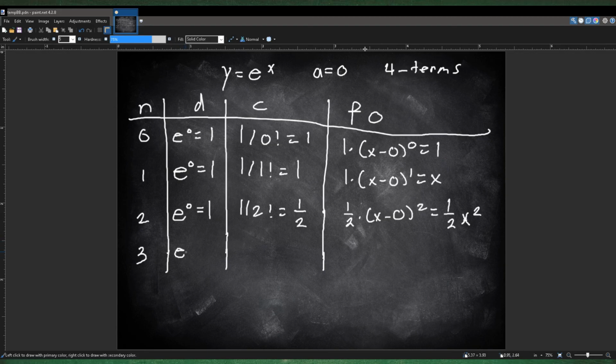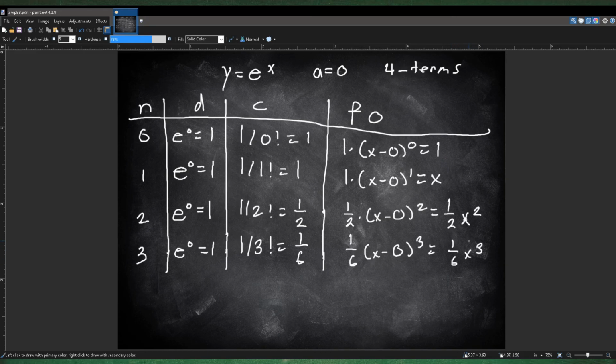Now the third derivative of e to the x is also just e to the power x. So e to the power 0 equals 1. 1 divided by 3 factorial, 1 over 6. You might be seeing a pattern over here. And then you have 1 over 6 times x minus 0 to the power 3, which is 1/6 x to the power 3, right?